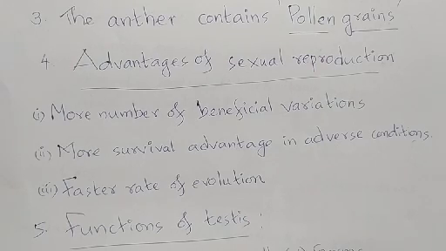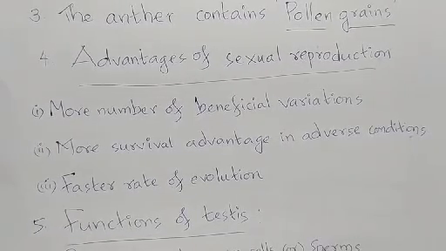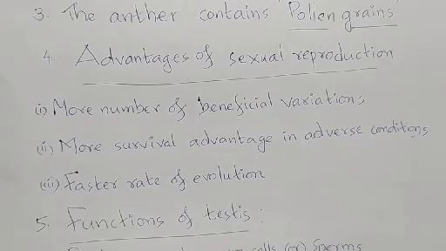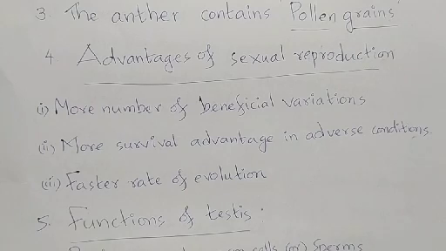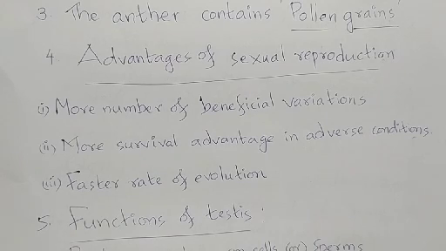Fourth question. What are the advantages of sexual reproduction over asexual reproduction? So, basically sexual reproduction evolved among living organisms in order to produce offspring which will have more beneficial variations. But more beneficial variations cannot be found by the normal asexual mode of reproduction.